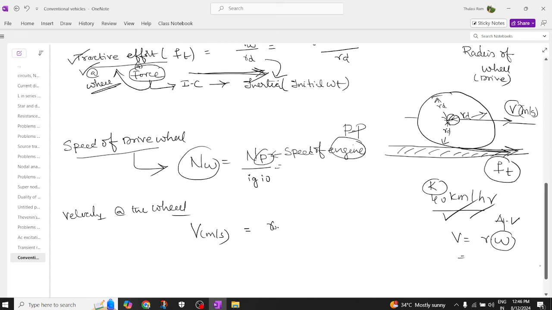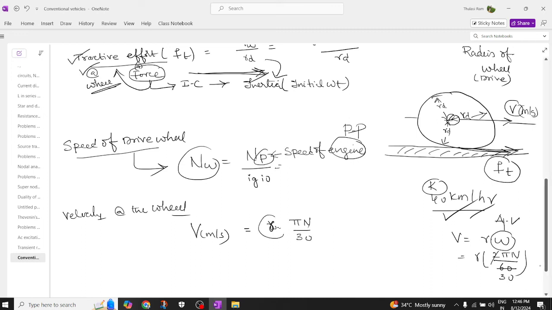With radius r, omega can be written as 2 pi N divided by 60. So 2 ones are 2, 30s. The resultant we get is r multiplied with pi N divided by 30.